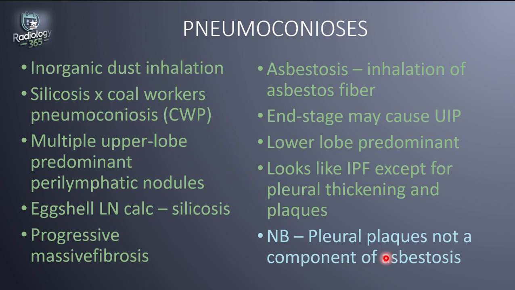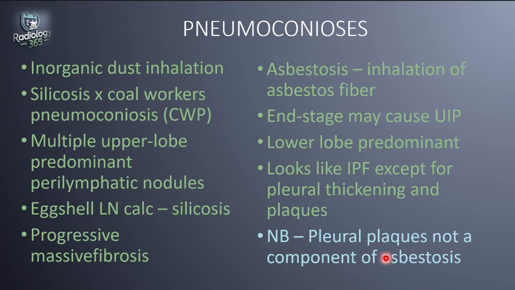Silicosis is due to inhalation of silica dust, which miners may be exposed to, and coal workers' pneumoconiosis is caused by inhalation of coal dust, which does not contain any silica. The most characteristic finding of uncomplicated disease is multiple upper lobe predominant perilymphatic nodules.